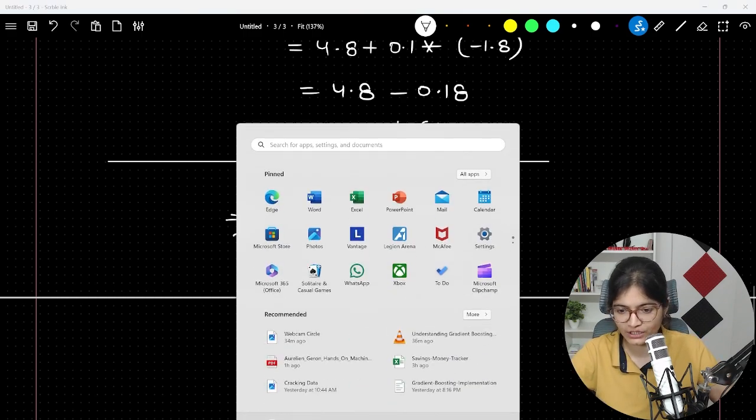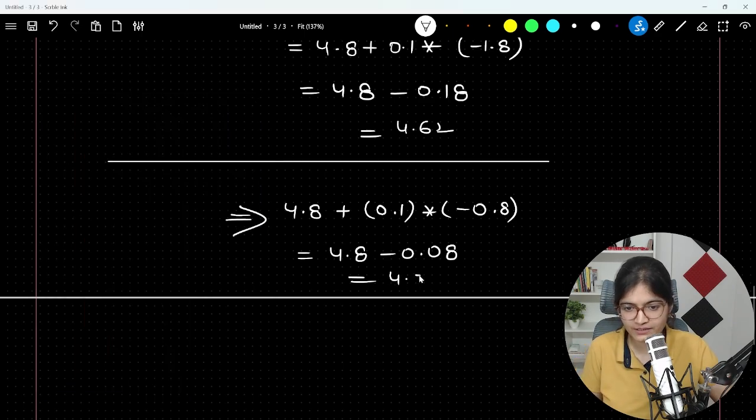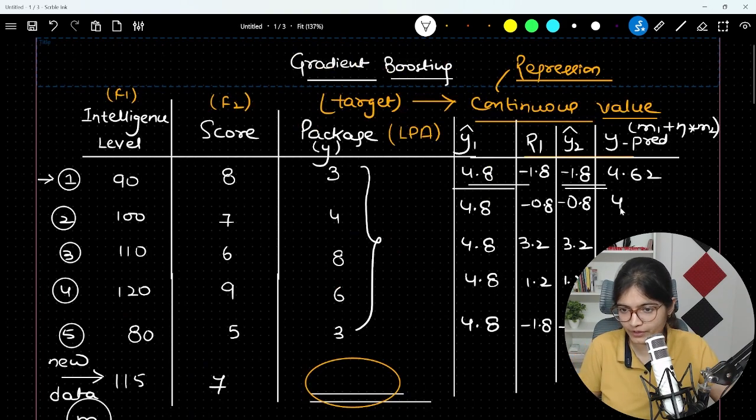I have not done this calculation yet, so let me do it now. 4.8 minus 0.08, so the prediction will come out to be 4.72. So this is the prediction given for the second record that we have, 4.72.